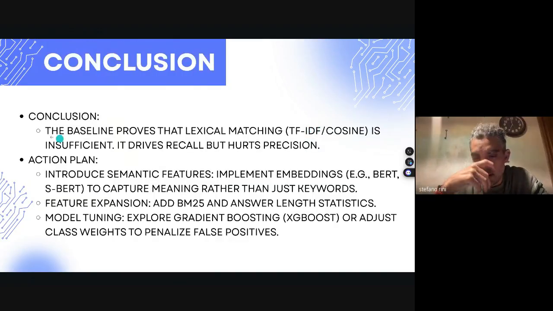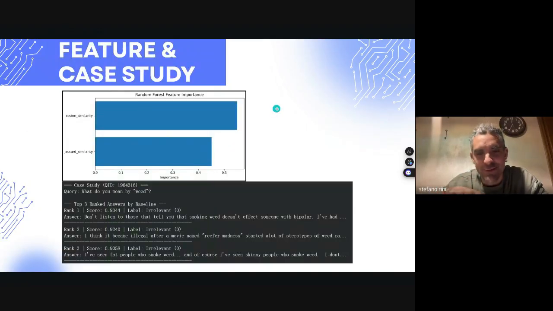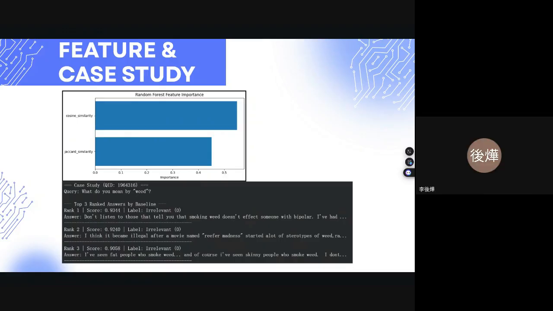Just go back one slide. The movie that they refer to is actually a propaganda movie, Reefer Madness. It's a movie from the 1930s, right? We're always talking about movies in class, so we should talk about movies today as well.